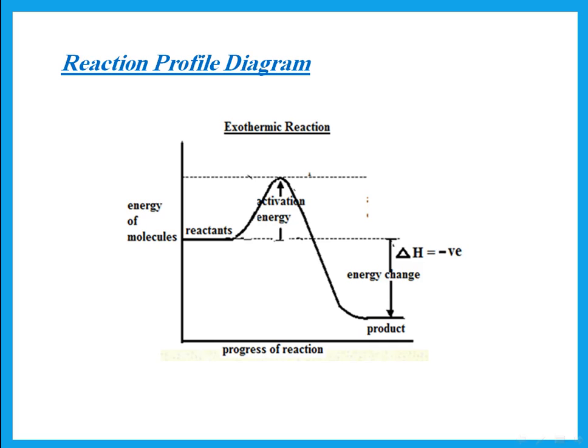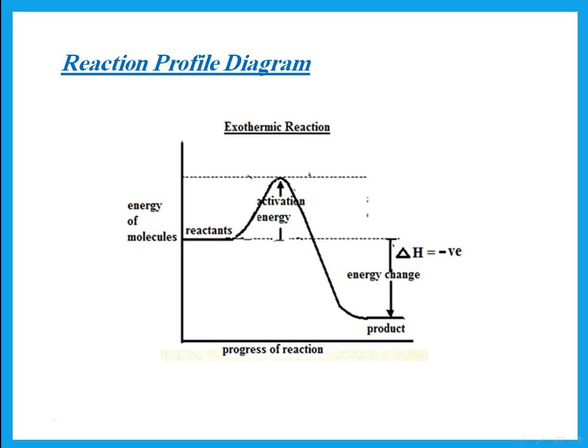Now, the delta H, can you see that triangle with an H? This is called the delta H. This is the representation of what we call enthalpy change or heat change. So if the question asks what this triangle with an H means, we call it delta H, but it means enthalpy change or heat change.